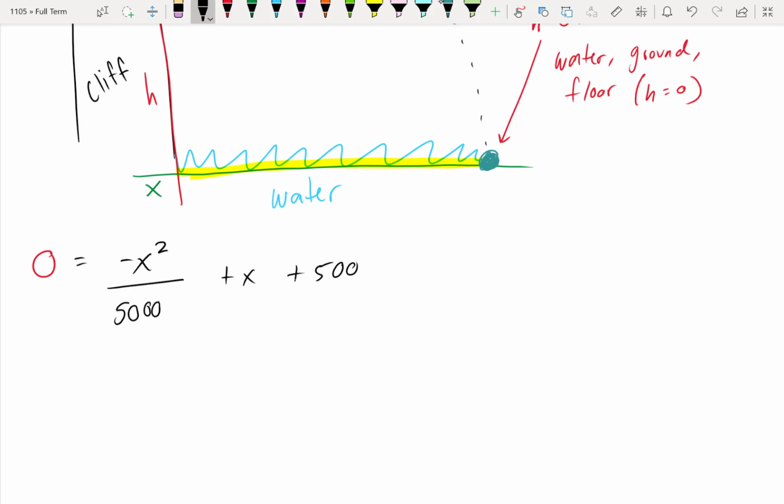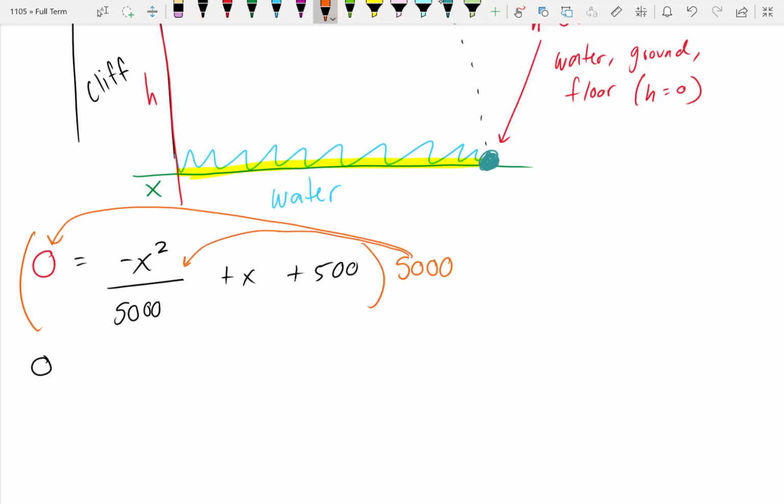So now that we have h equals 0, we can go ahead and get rid of this fraction by multiplying everything by 5,000. So we have 5,000 times 0 is 0. 5,000 times this fraction, the fraction just goes away. 5,000 times x is 5,000x.